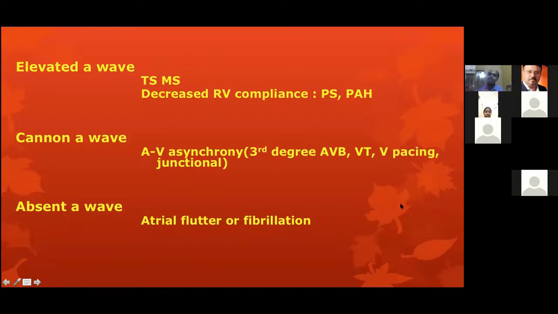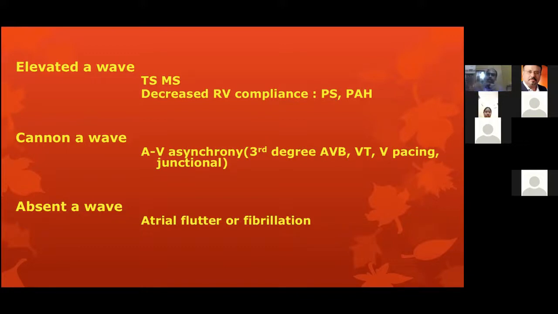How to differentiate between a giant wave and a cannon wave? In a cannon wave, the ventricle is contracting, so there is closure of the tricuspid valve. When the tricuspid valve closes, normally there is a C wave, and then the C wave should be followed by a continued descent as the X descent. Now that X descent is gone.